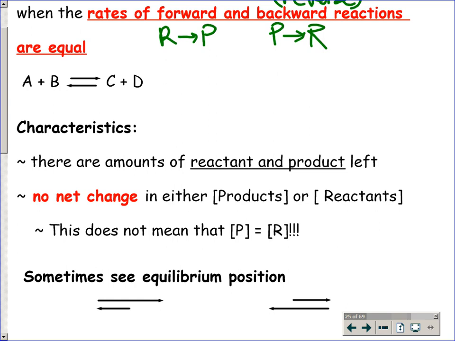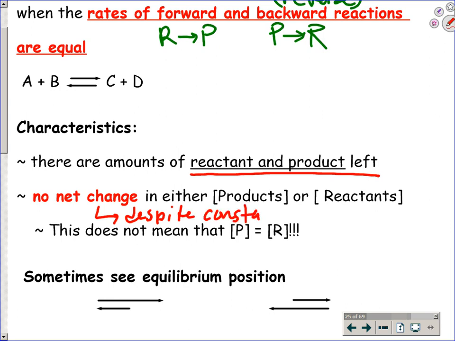We always have reactants and products remaining, always. There's at least some of both sides, reactants and products. But despite them constantly changing, there's no net change. Despite that constant change.